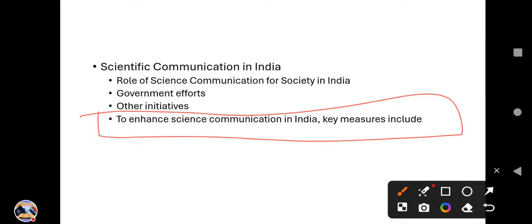Then integration with scientific processes, because integration of scientific subjects with other subjects will improve communication skills between non-science and science background students.